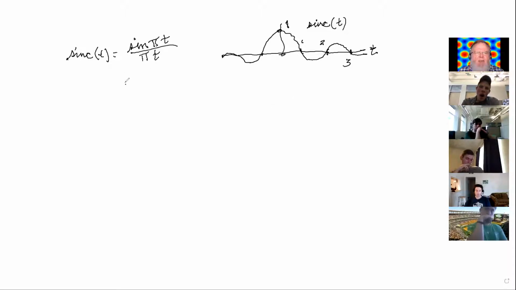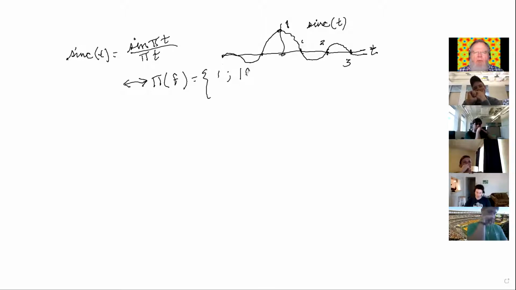The other thing is its Fourier transform is a rectangle function. So it's equal to 1 for f less than 1/2, I'm sorry, and it's equal to 0 for f is greater than 1/2. And when it's equal to 1/2, nobody cares, right?